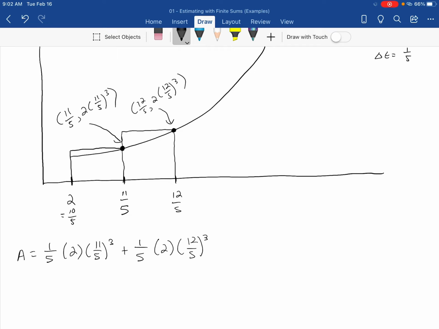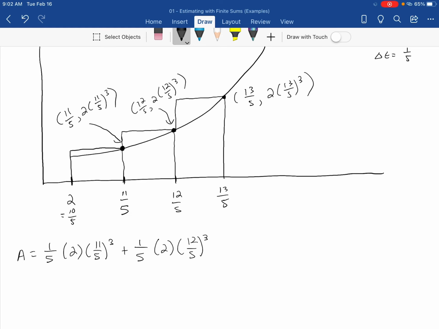And again, if you're like, I totally have the pattern already, I don't need a third rectangle because I can see what's going to happen, great. I find the third rectangle really brings it home. I go, okay, one more rectangle hooked up on its right side here. And this will be 13/5. And so this point here will be 13/5, comma 2 times 13/5 cubed.